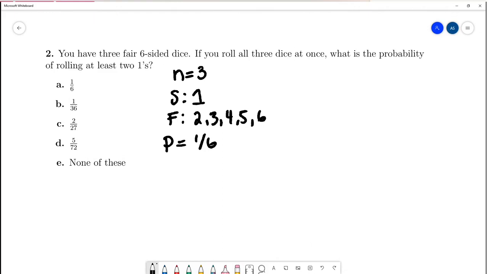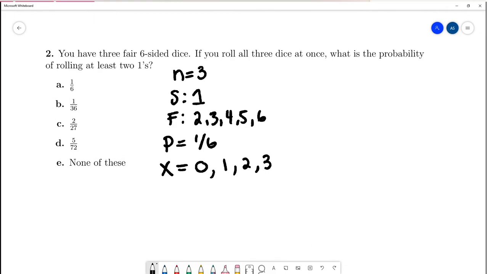And the random variable that we use is going to count the number of successes, or the number of successful trials. So we could have all 3 die being some other number than 1, meaning that we have 0 successes. We could have 1 die, 2 die, or 3 die showing a 1. So these are the possible values of the random variable.